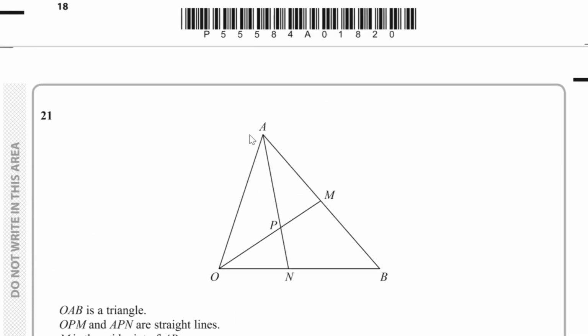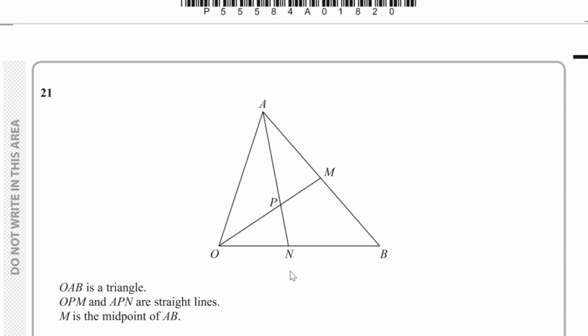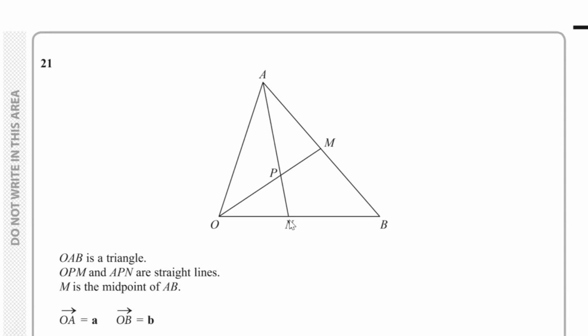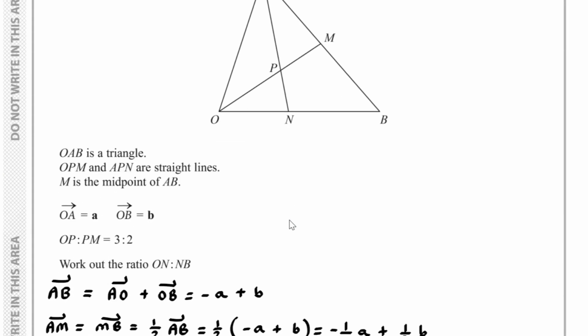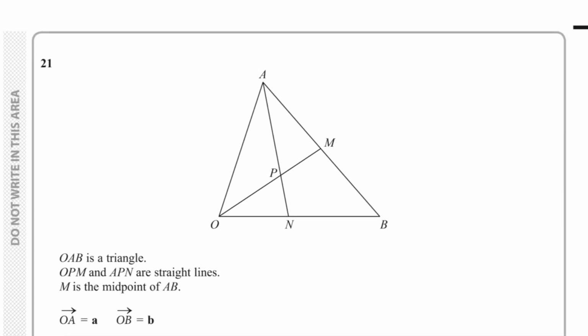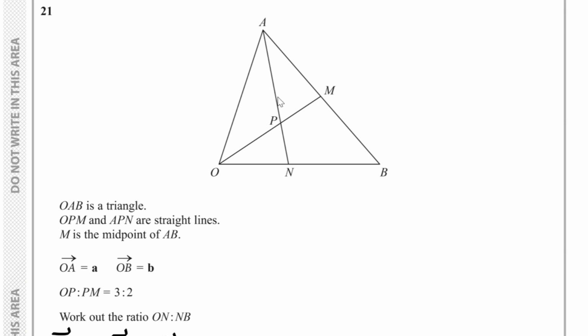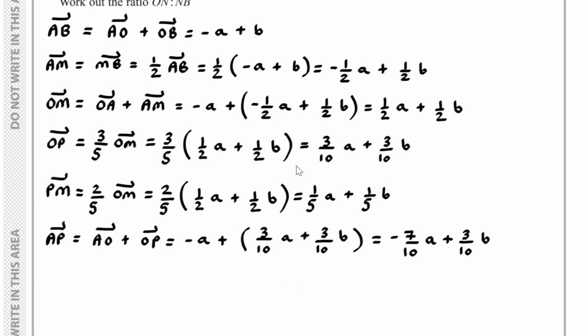Well, I know that AN is a straight line, and because AN is a straight line, AP would be a fraction of that. So AP is a fraction of AN.